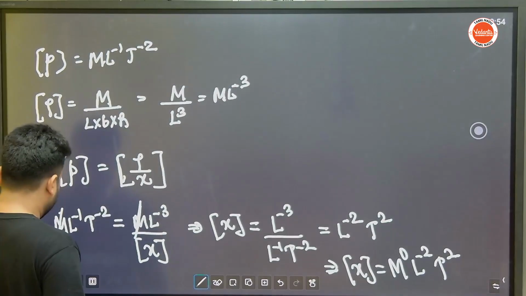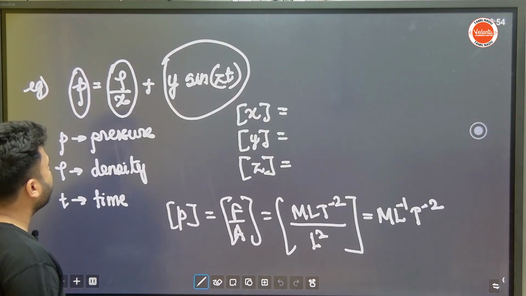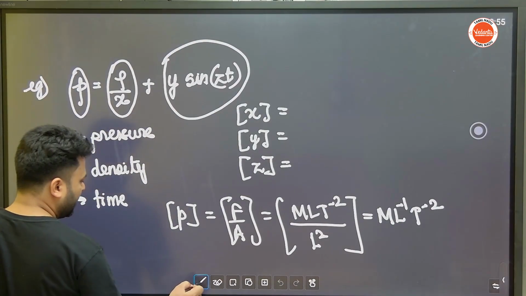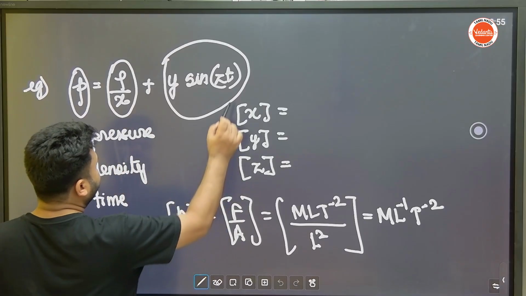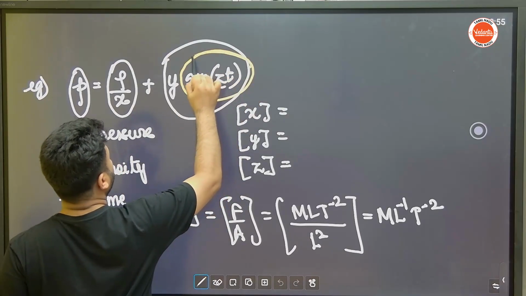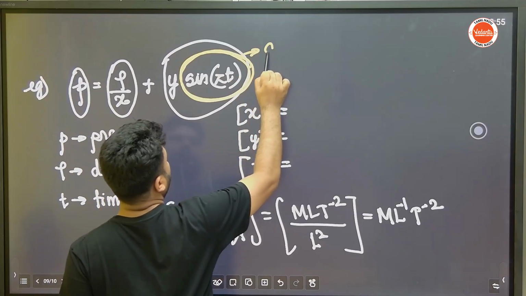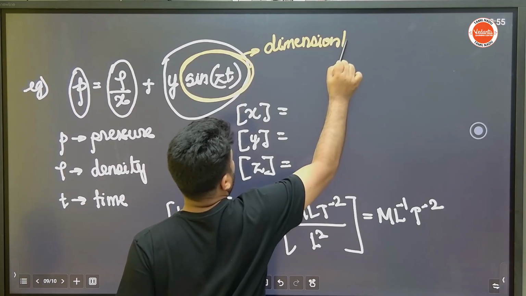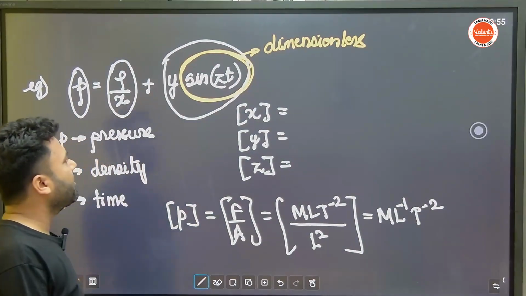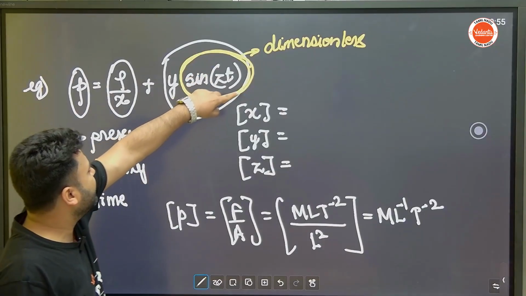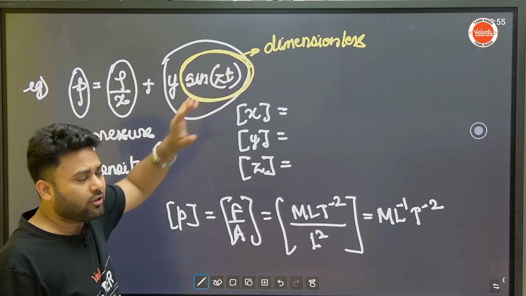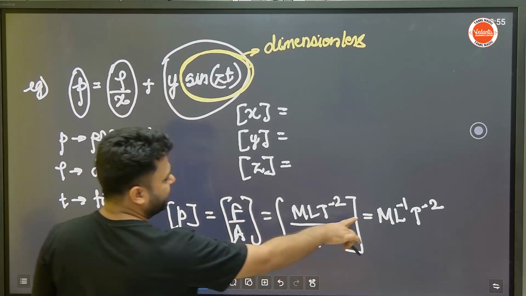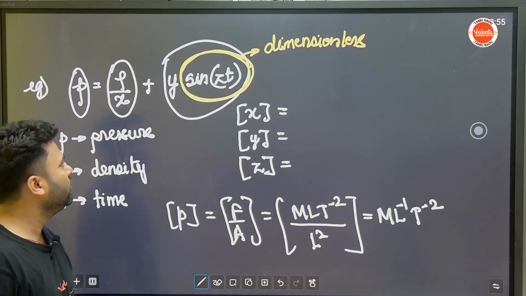Now, see how to find the dimension of Y. We know, as I just told, that the entire quantity, sine of theta, will be dimensionless. Correct? This is dimensionless, and this complete term involving Y will have the dimension of pressure, and the dimension of pressure is M L minus 1 T minus 2.